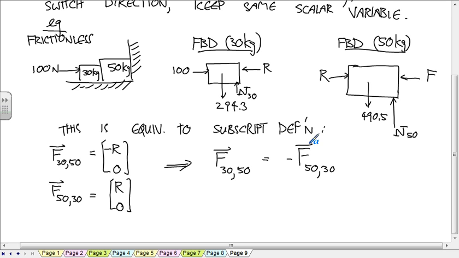So that subscript notation definition of Newton's third law always holds. It's just cumbersome to deal with when you have forces with known directions. But it's still the same thing. It's just that you can't treat that scalar as the thing with those subscripts.